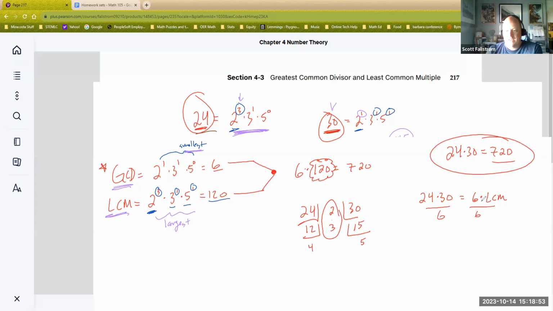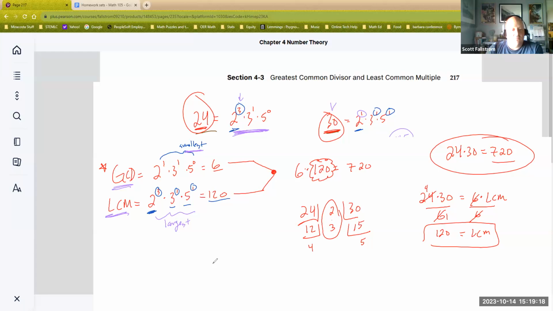I'm not even kidding. And you will have the LCM sitting there by taking 24 times 30 in your calculator and then dividing by 6. Now, if you prefer, you can reduce because you know 6 has to go into these and just have 4 times 30. You'll get an LCM of 120. That is how quick this can work.